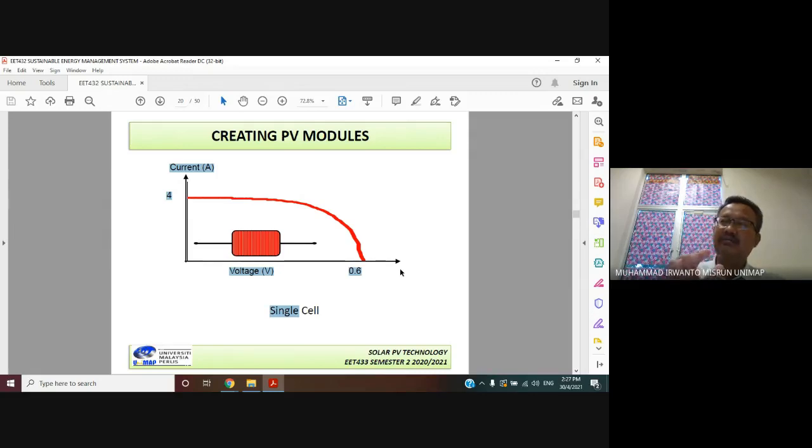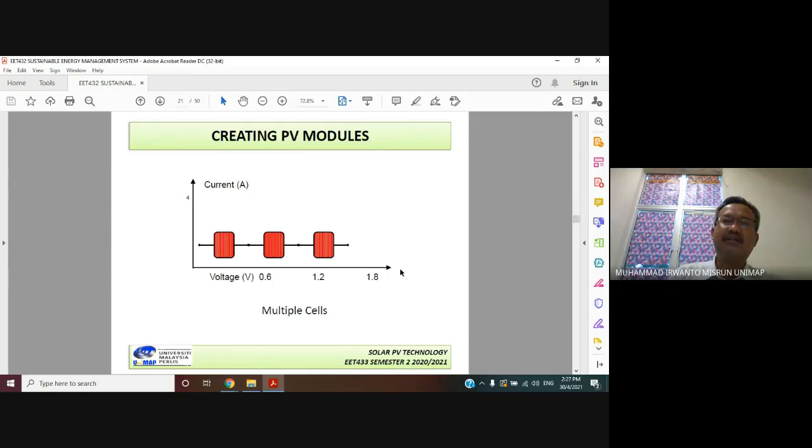And then if some PV cells, first we discuss the series connection. Some PV cells connected together in series. How about the total voltage and the total current?